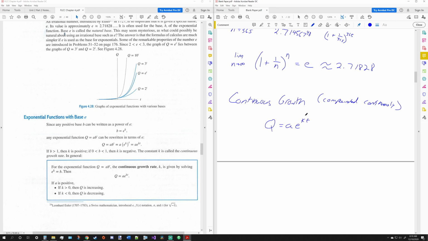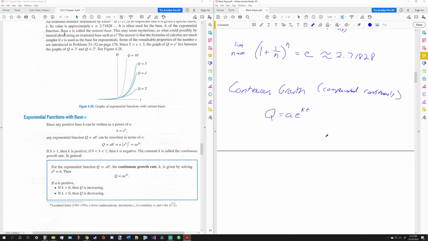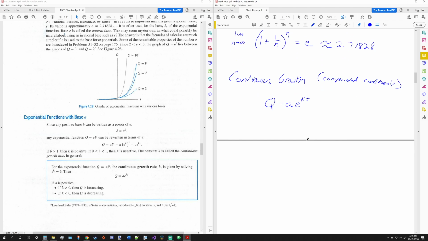And k is the continuous growth rate. So the continuous growth rate is just the decimal part of the percentage. You do not have to add 1 or anything to it. And if it's continuous growth, it's a positive value. If it's continuous decay, it's a negative value, and so on.